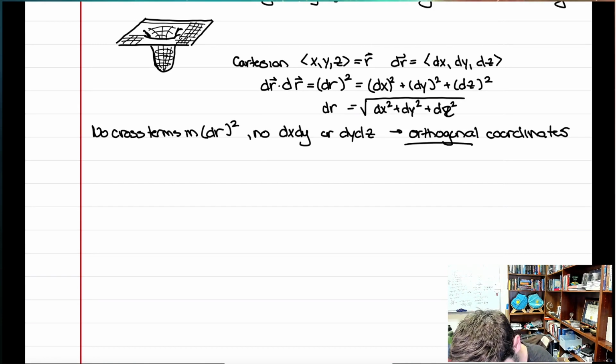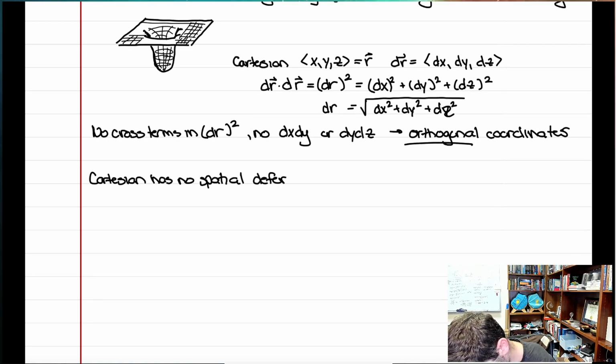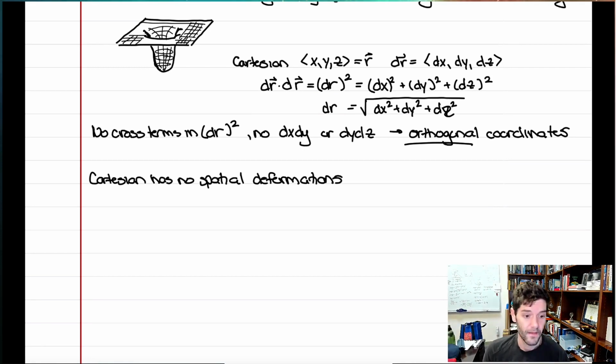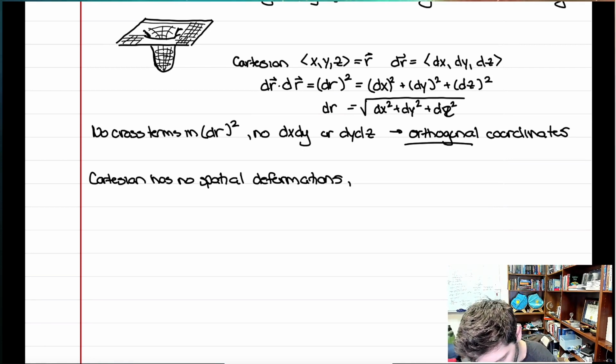There's also, with Cartesian, no spatial deformations. By that I mean there's nothing in front of the dx squared, the dy squared, the dz squared.